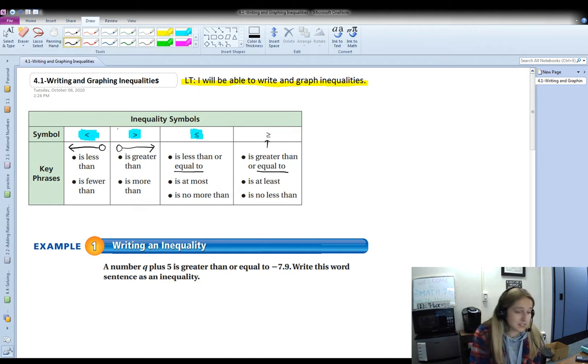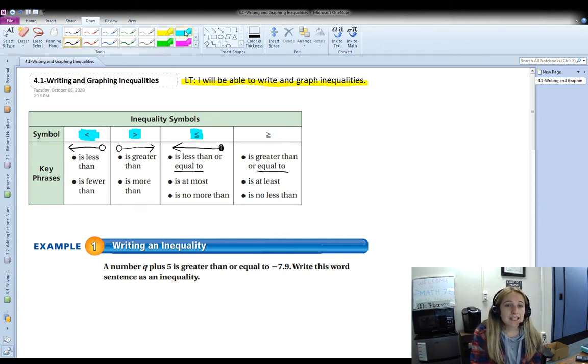But when you graph this one, it's going to be a closed circle, okay? And the reason it's a closed circle is because it can be equal to that number, okay? So since it can be equal to that number, you want to use a closed circle because that means that number is included in the solution set.